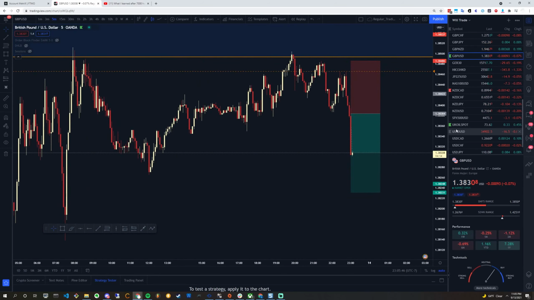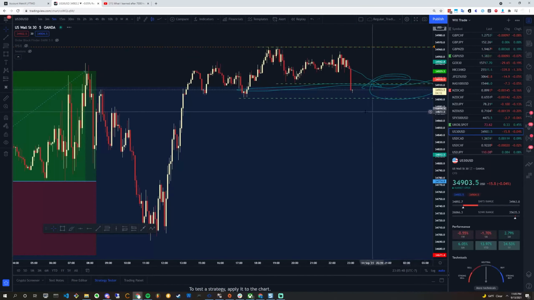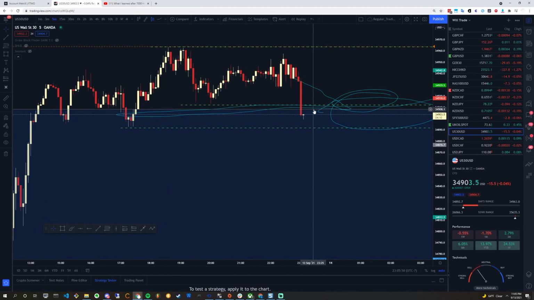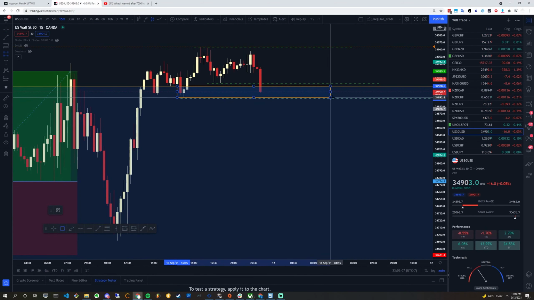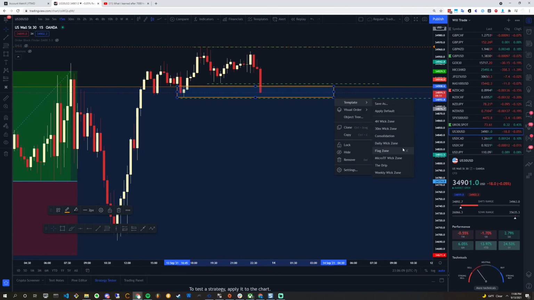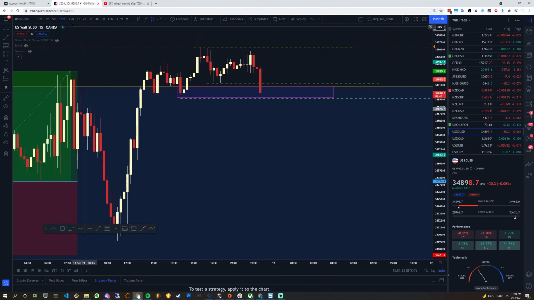This thing is going down here. Let's check out US 30. So it did come into our area here, and now we're just waiting to see what happens. Let me mark this off so that we know what's going on. Just gonna put purple or something.